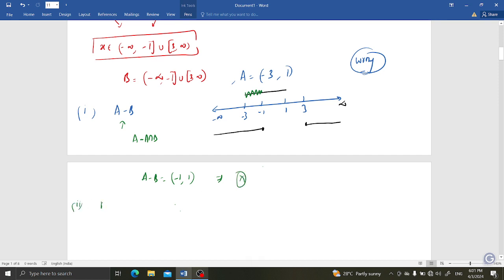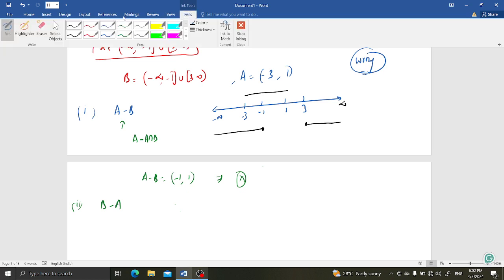Second, what we have is B minus A. Here I will do it again, no problem, I will make a different one. Here we have minus 3 to 1.